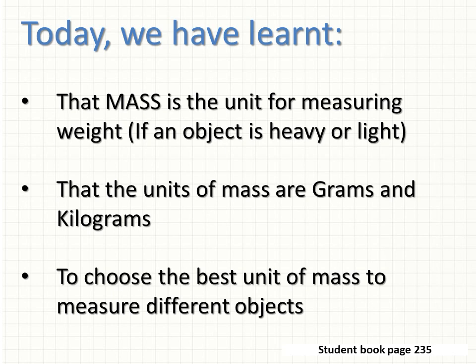To see if an object is heavy or light, we use mass. We've also learned that the units of mass are grams and kilograms. And we now know how to choose the best unit of mass to measure different objects. That means we now know if an object can be measured in grams or in kilograms.